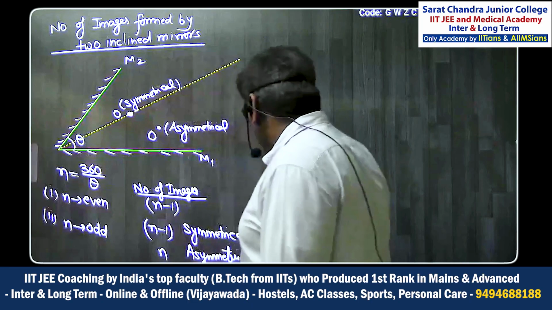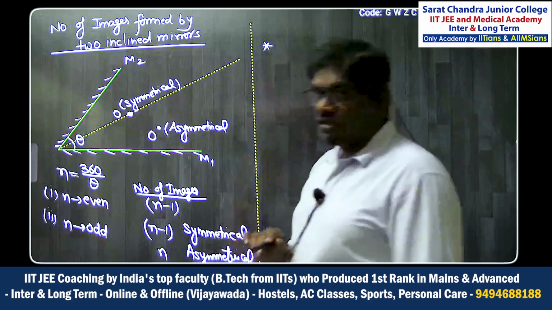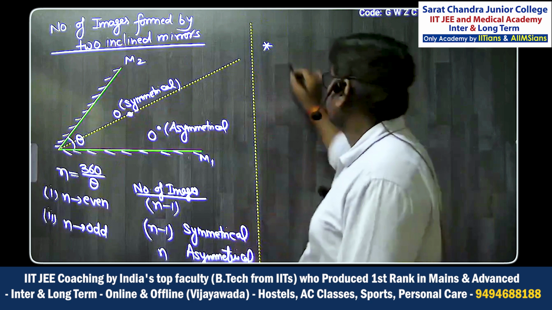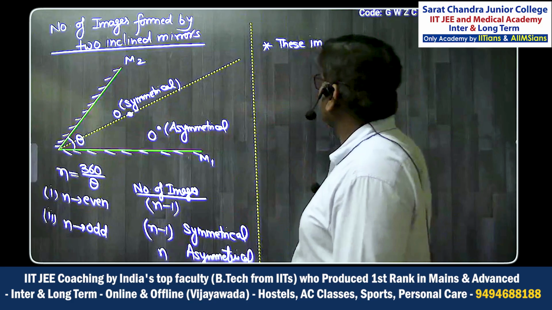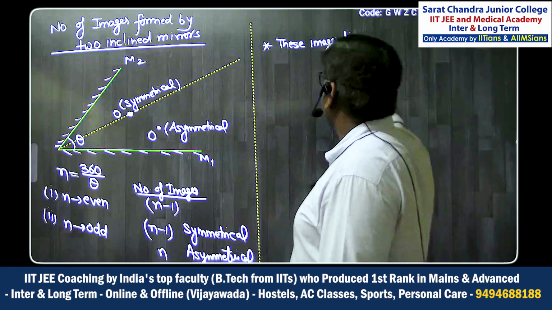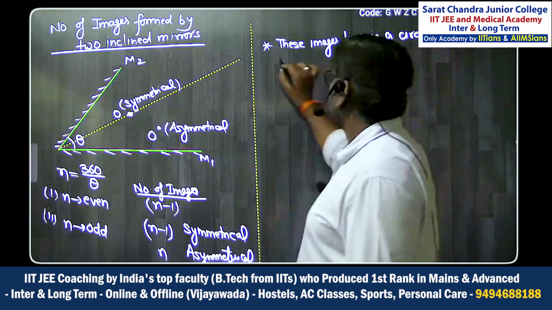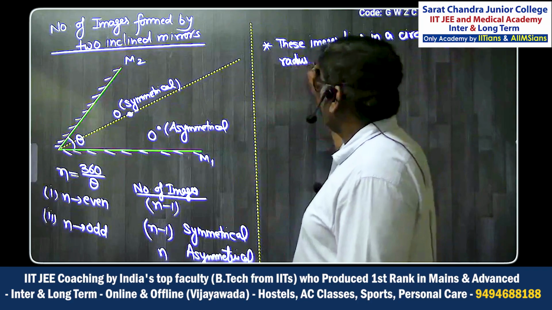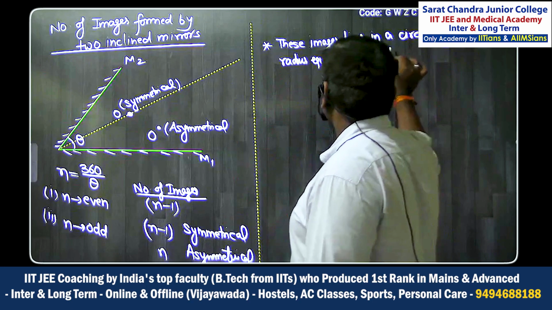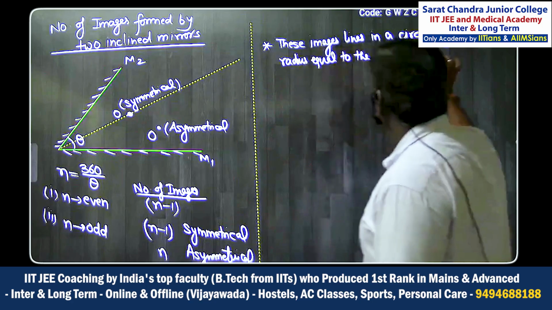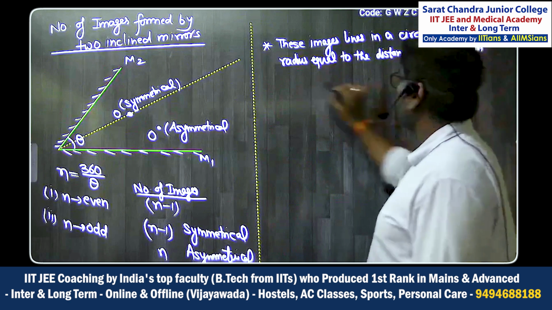Some points about these images are very important. Point number one: these images lie in a circle of radius equal to the distance of the object from the point of intersection.